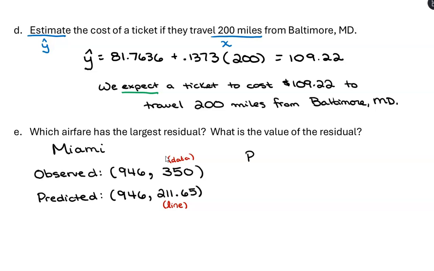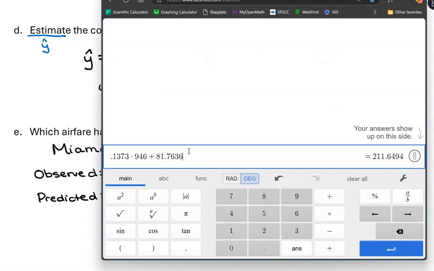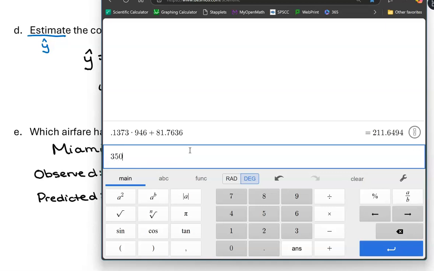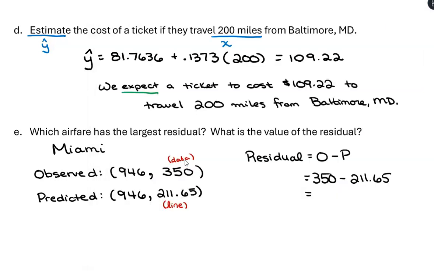Okay, so to calculate the residual, we take the observed value minus the predicted value. So for us, that's going to be 350 minus 211.65. With that, we are seeing 138.35.